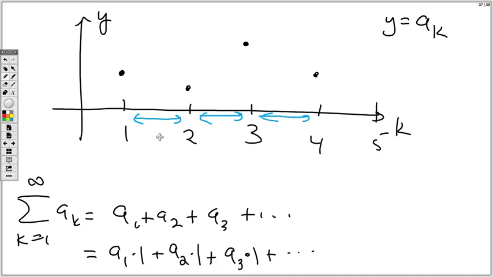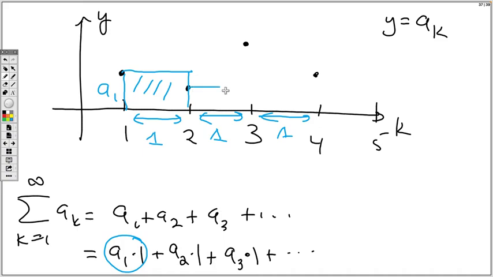It's always 1. So if I drew a rectangle here, this rectangle would have height a1, base 1, so it'd have area what? Does that make sense? And I can do the same thing.